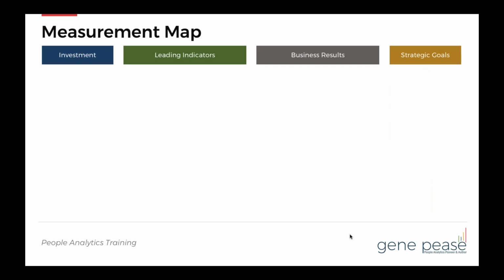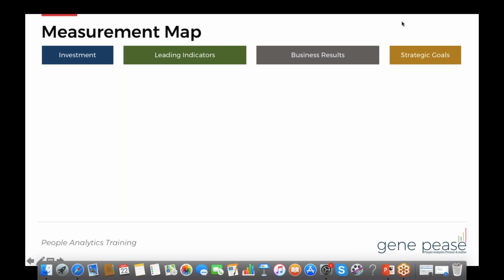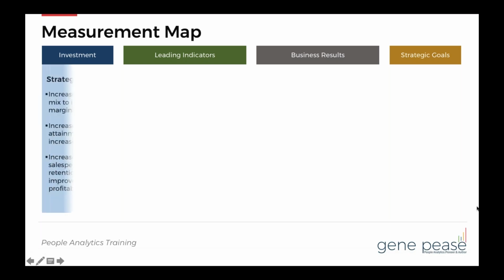I've got my investment on the left and all the way to my strategic goals on the right. The investment I'm going to look at today is around strategic selling. And I'm going to try to train my salespeople to increase their product mix to improve our company's margins.